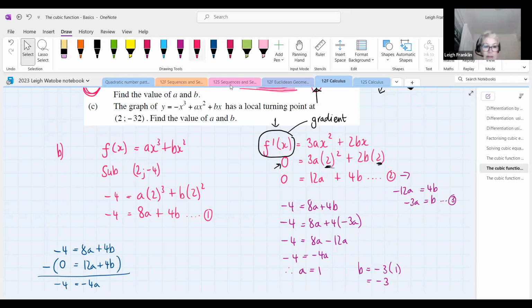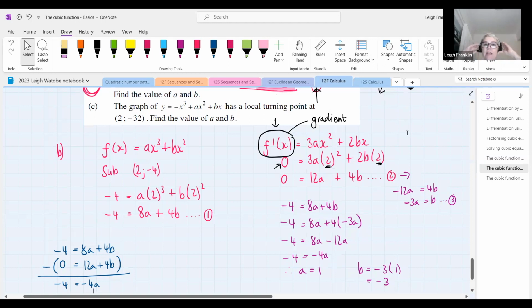Teddy, I see you had a hand up. Ma'am, hello. I just wanted to know, when should we know that we have to use the derivative? If they tell us it's a local turning point, then we know somewhere we have to use the derivative.